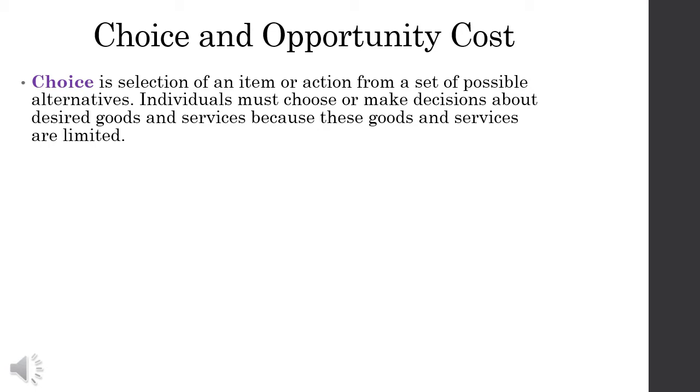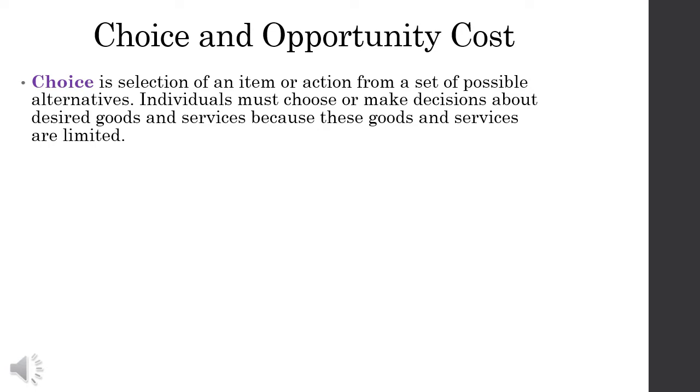What does that mean? There's a lot we can choose from out there, and we're going to take the things that we want and need that will help us the most. But remember, there's scarcity. There's not enough for everyone. So we have to be careful about what we choose so that that stuff is best for us in the long run.